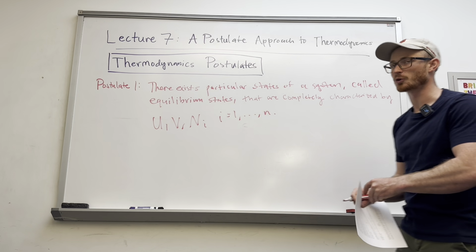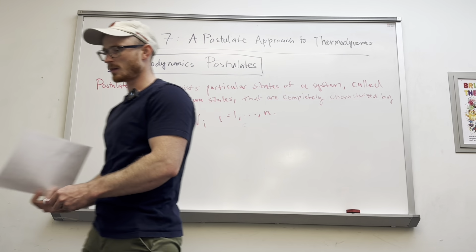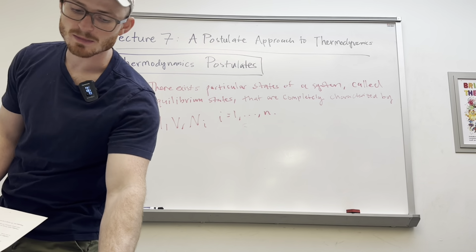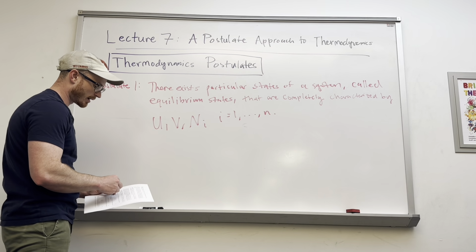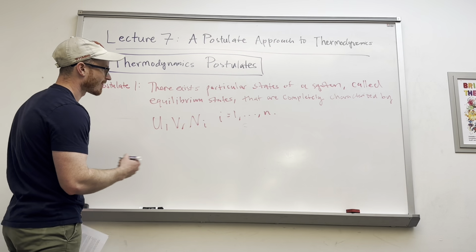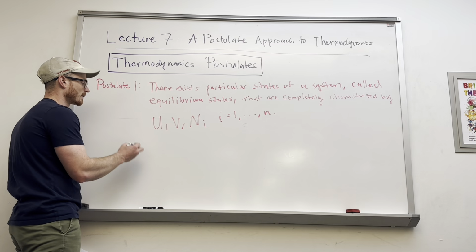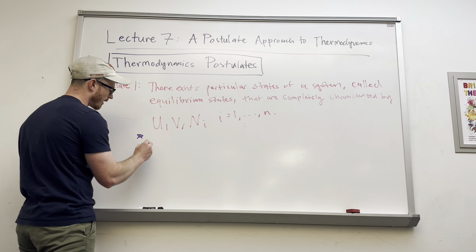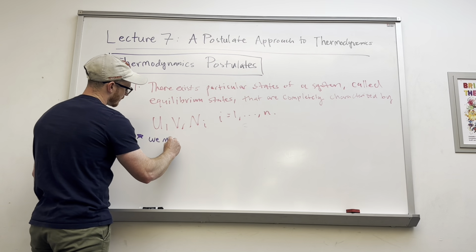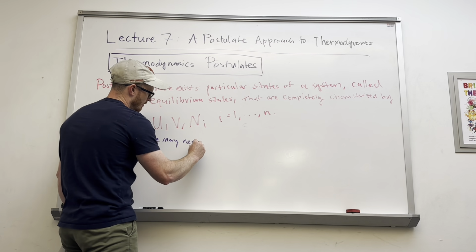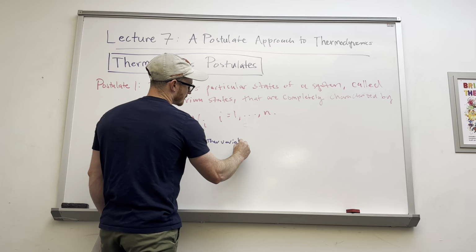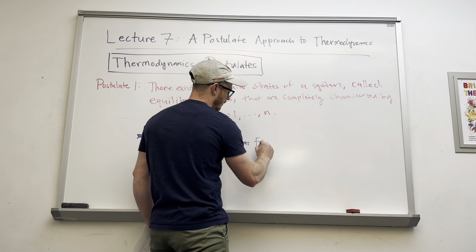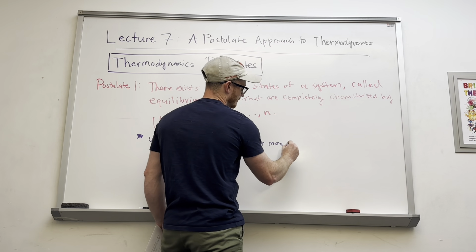Now, it is worth noting that if systems get more complex, you may need more than this, right? For instance, we may need to add elastic strain. So we're going to put a little star: we may need to add other variables for more complex systems.